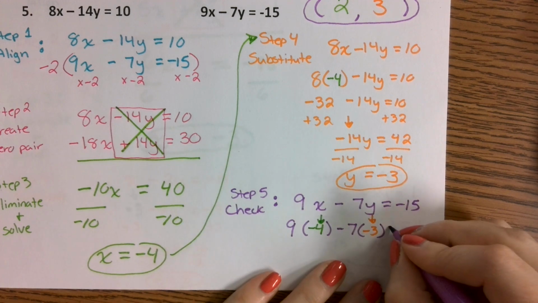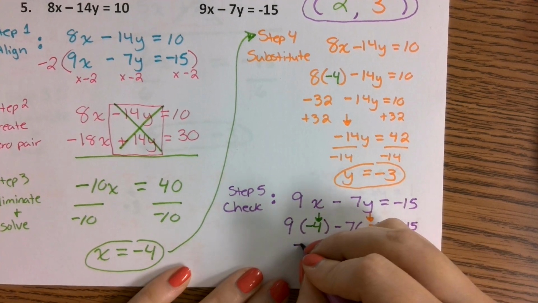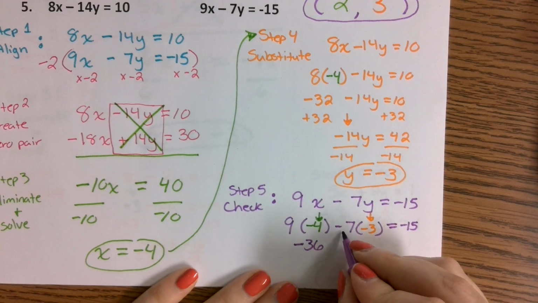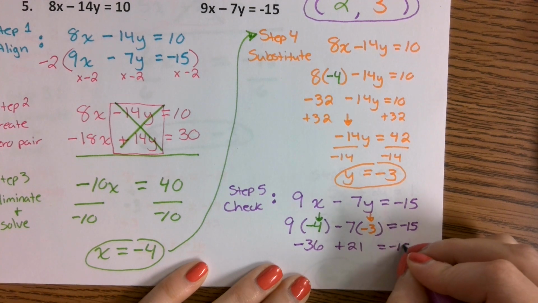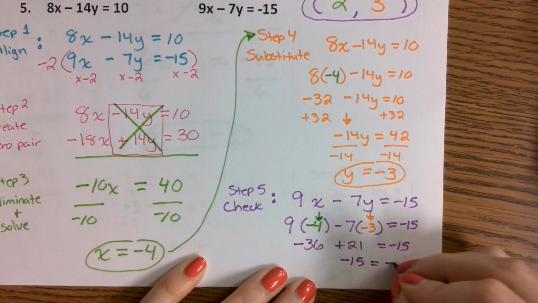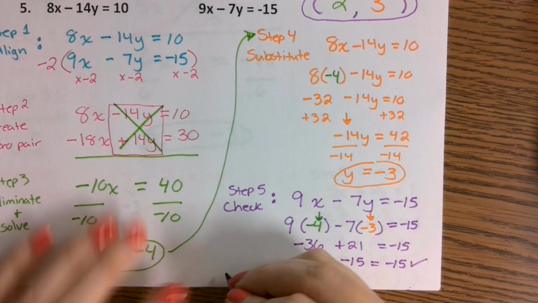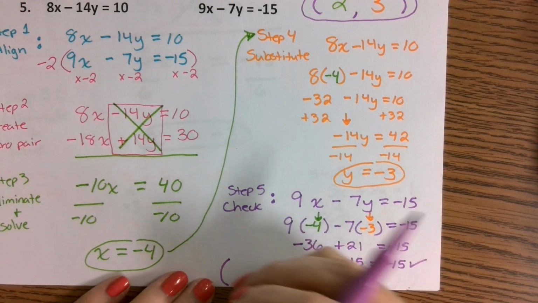And the whole thing's equal to negative 15. Okay, 9 times negative 4 is a negative 36. Negative 7 times negative 3 is a positive 21. And when I combine those values together, I do get negative 15. So that means I have worked it out correctly. So my final solution is negative 4, negative 3.